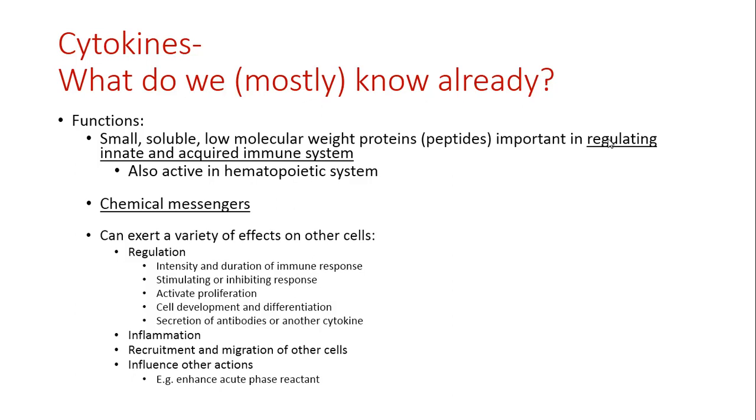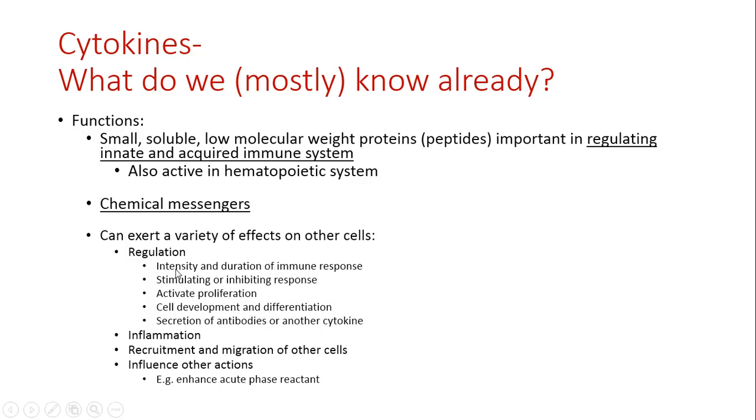And those chemical messengers participate in a number of different immune responses and immune functions. So once those chemical messengers get released from a cell, how can they exert effects on other cells? What do they cause to happen? We've talked at some point about regulation, some of the regulation functions of cytokines.